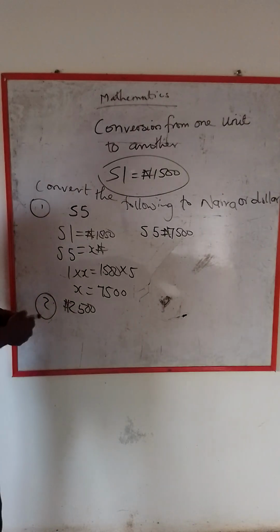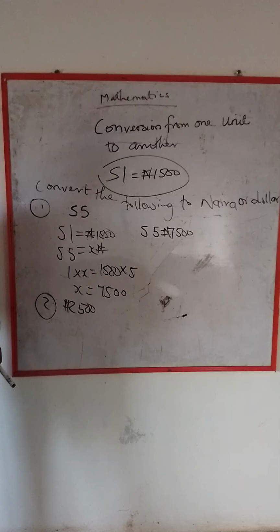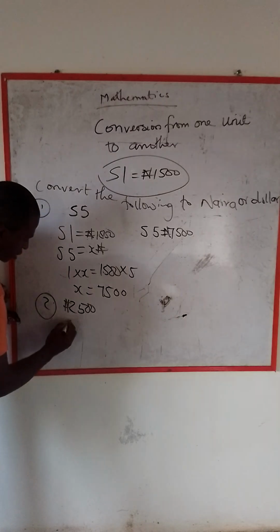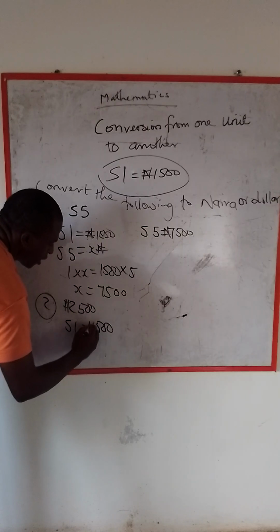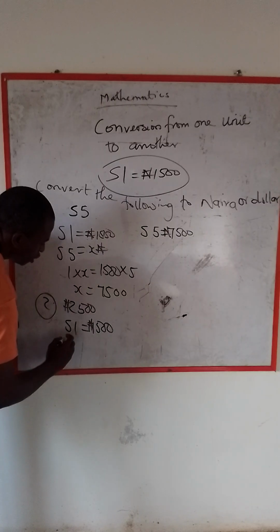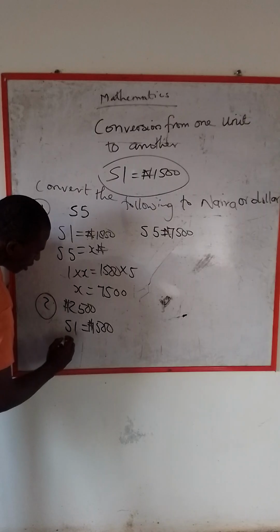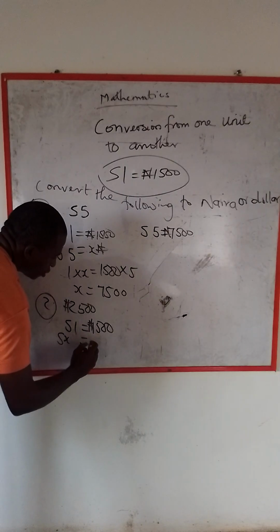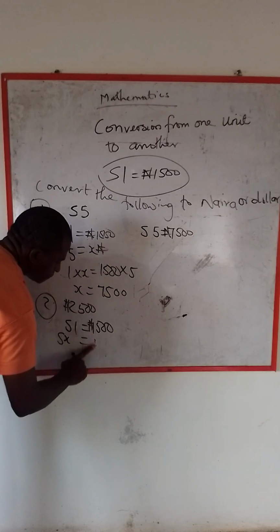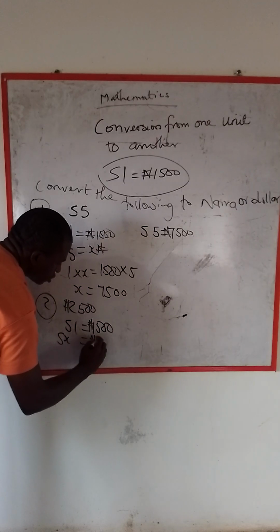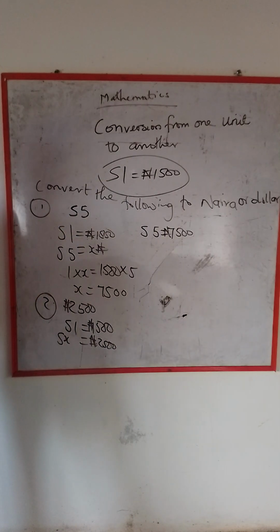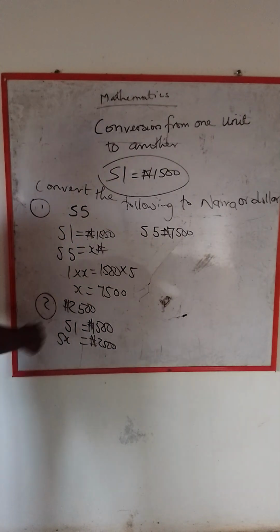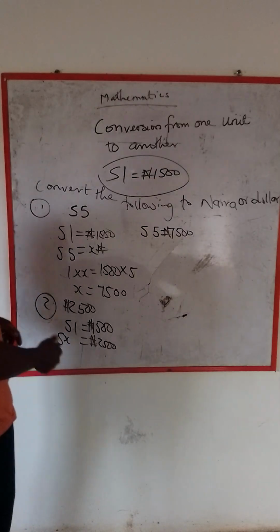Then what you need to do is to go back to the relationship and bring it here. $1 equal to 1,500 naira. Don't forget your relationship. Then we bring X dollar is equal to 2,500 naira.